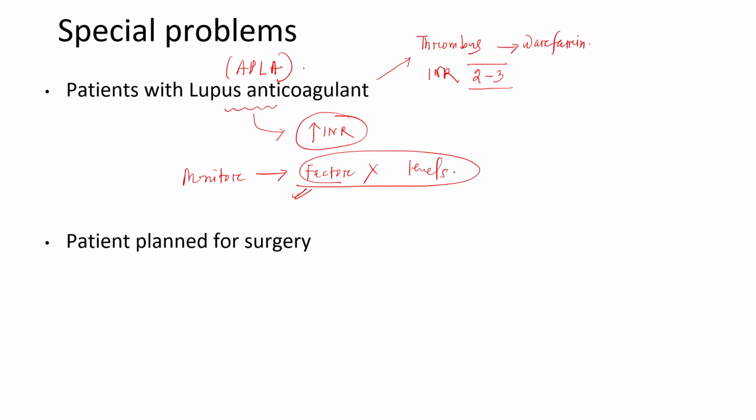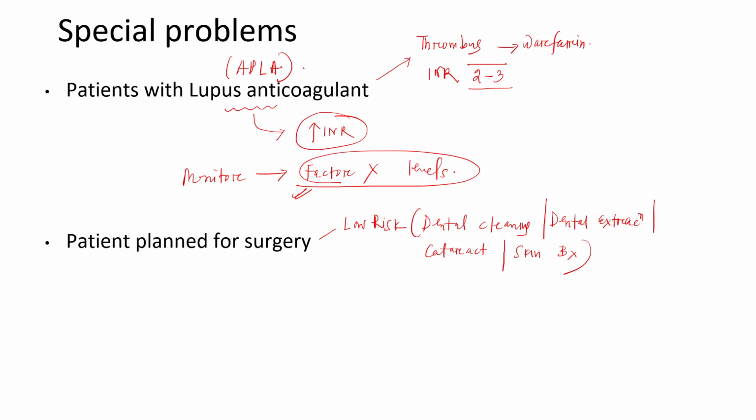Then if the patient is on warfarin and is planned for surgery, what to do? If it is a low risk procedure, low risk means something like dental cleaning or simple dental extraction, cataract surgery, or skin biopsy.